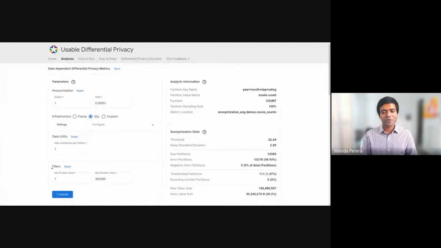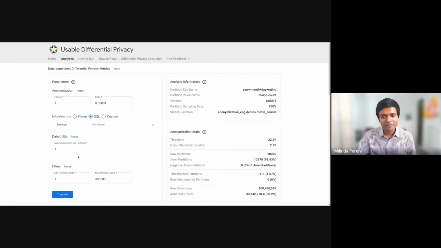So this is how our system looks. First, I will explain to you the different components in the UI. And then I will explain how it helps with the usability concerns with differential privacy. And finally, I will explain to you how one would use this tool to tune parameters to anonymize with differential privacy with the example that Miguel mentioned earlier.